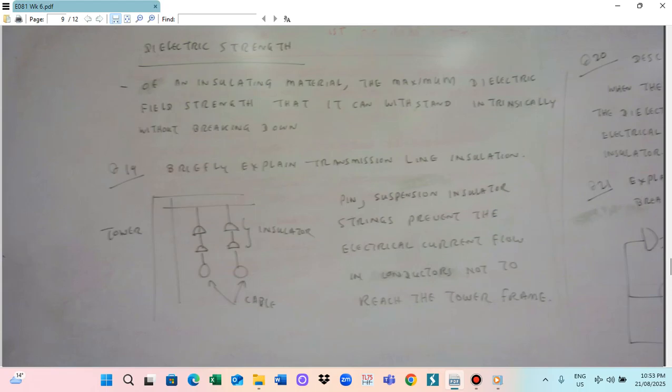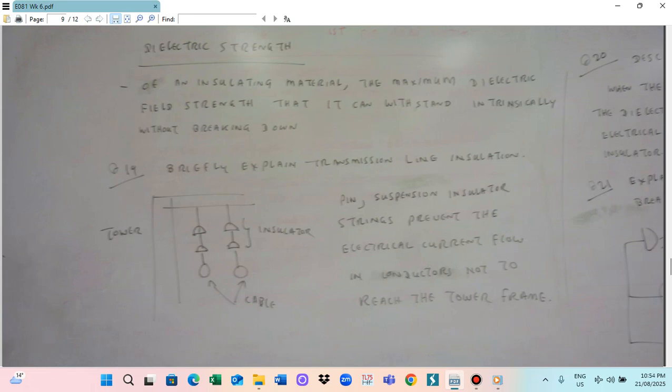For a given configuration of dielectric material, the dielectric strength is the field that produces a breakdown. So this means the material has the property to withstand electrical current flow without breaking down. This is the dielectric strength.